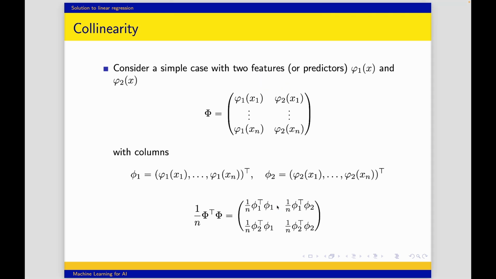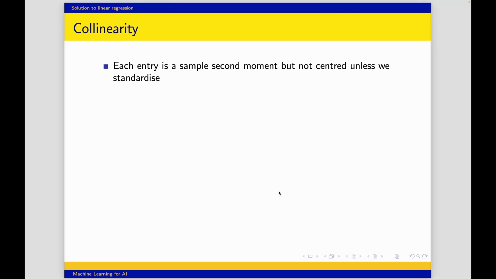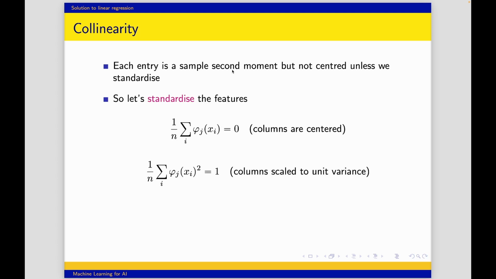Okay, now what? So each entry is a sample second moment, but we haven't centered it yet. We're not assuming yet that these feature vectors have zero mean. So let's sample things. I'll show you how we can justify this.